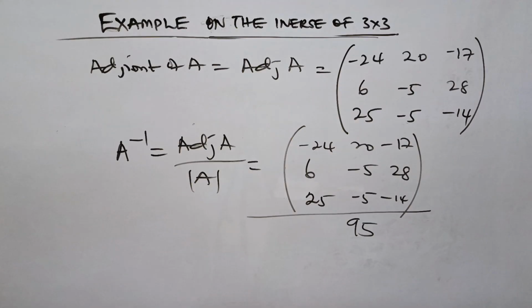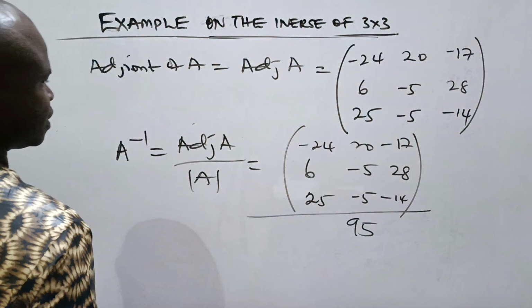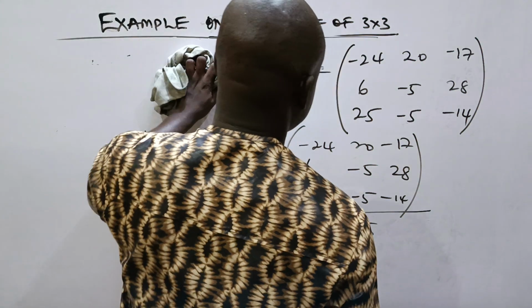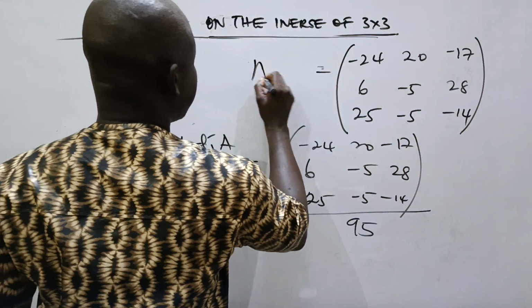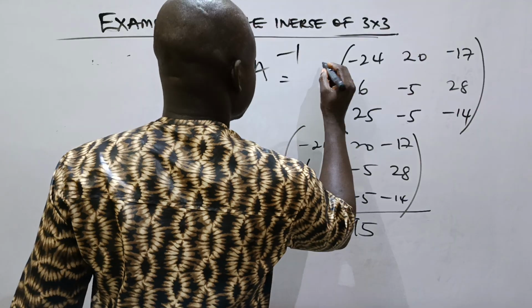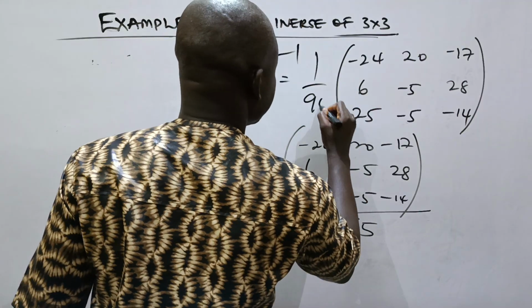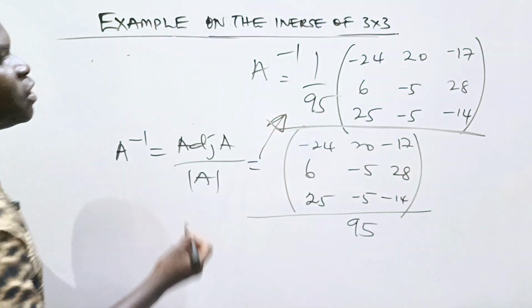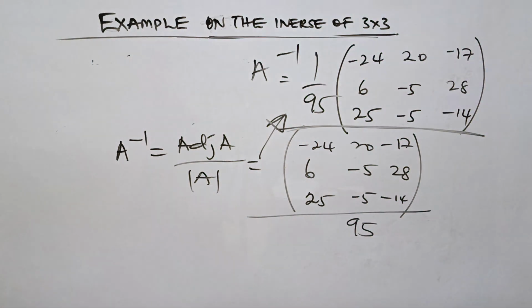The determinant that we got first is 95. So this is the inverse of the matrix. If you like, you can rewrite it: the inverse of A is equal to 1 over 95 times this. It is still the same thing. So that's how to find the inverse of a matrix. Thank you.